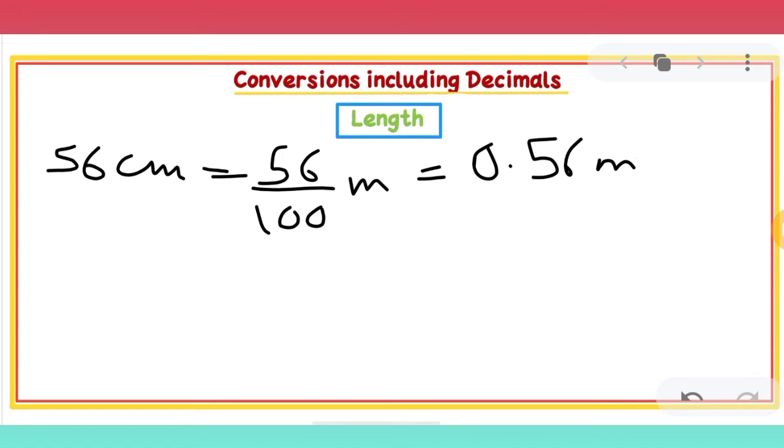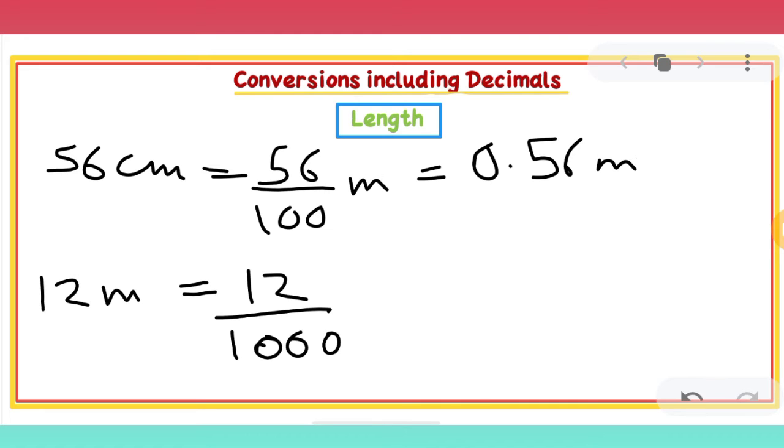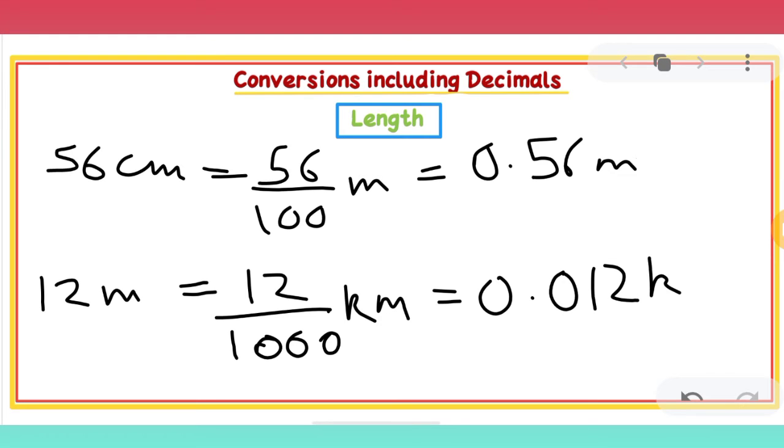Similarly, if we have to convert 12 meters into kilometers, we will divide it by 1000, because we know that 1000 meters is equal to 1 kilometer. So now the answer will be 0.012 kilometers. In this way we can convert smaller units of length to bigger units using decimals.